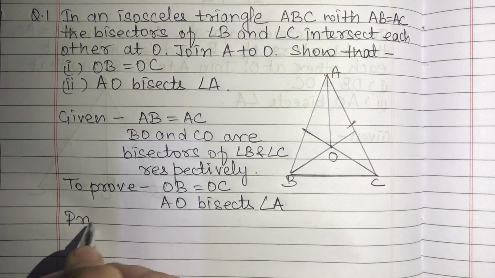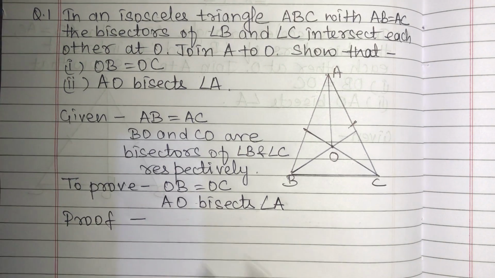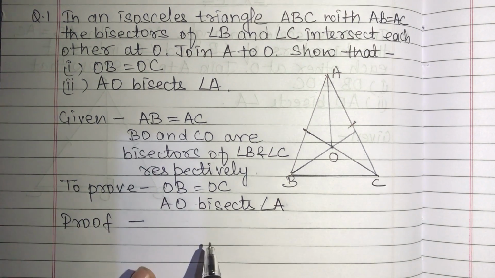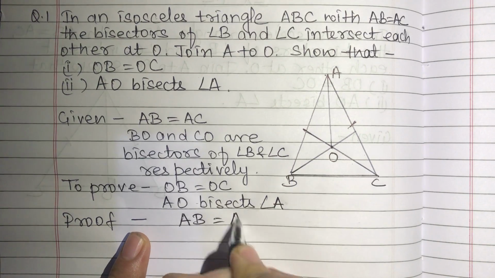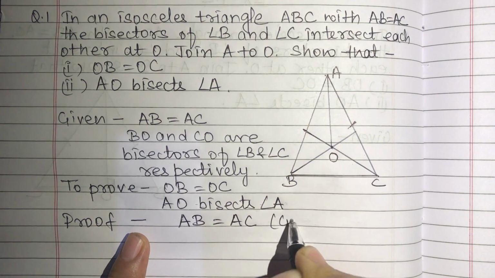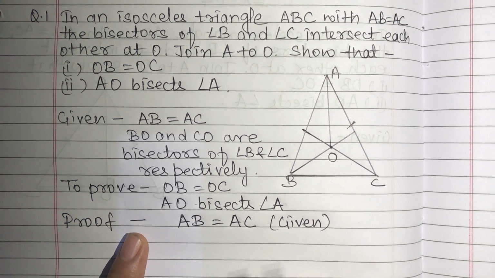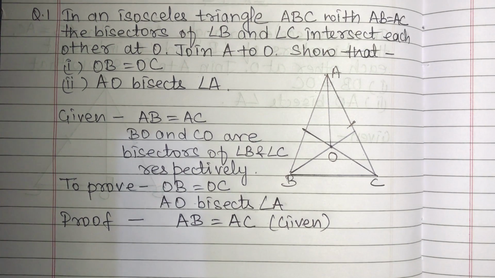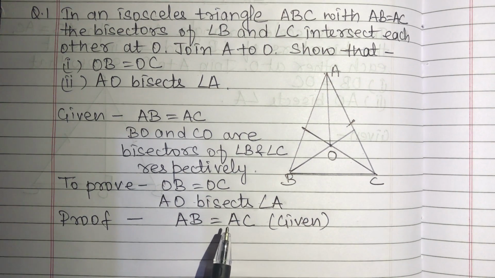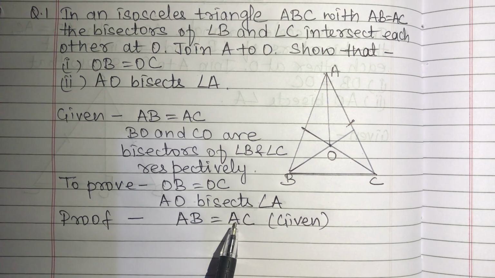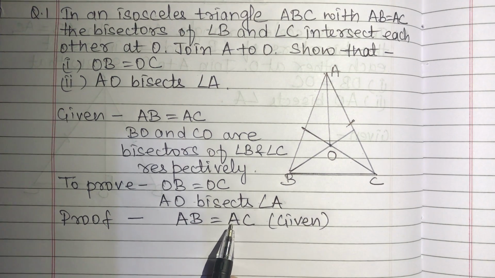First of all, just write what we are given. We are given that AB equals AC. Now I am going to use the theorem which says that angles opposite to equal sides are equal.